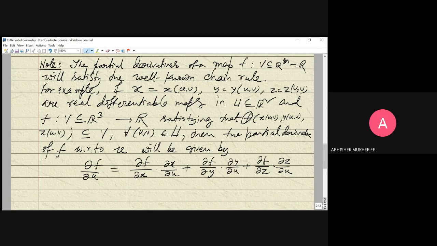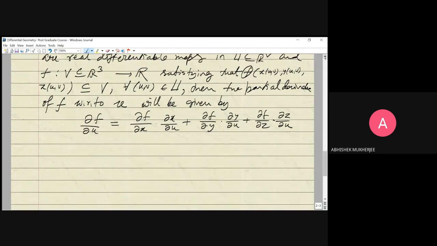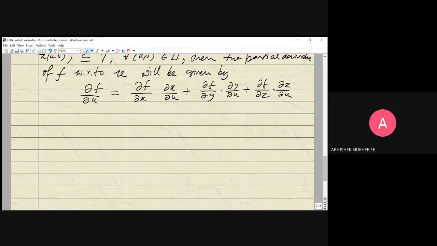And in this way, you can also have the expression for del f del v. So this shows how the chain rule works for these cases. Okay, fine.